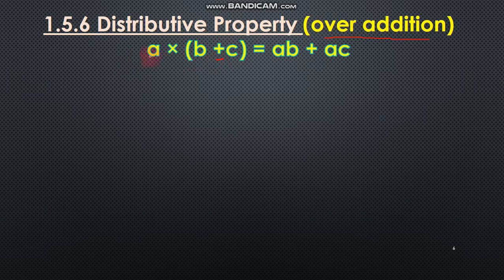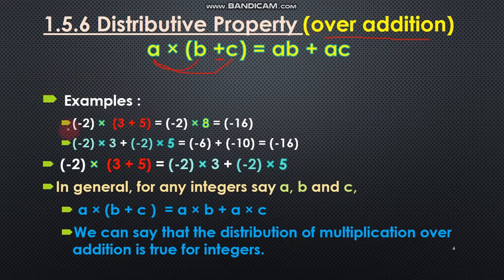Now what this property says is that a multiplied by (b plus c) is the same as a into b plus a into c. Okay, so to understand this, let us take any three integers and use them in this equation and check both sides, LHS and RHS.